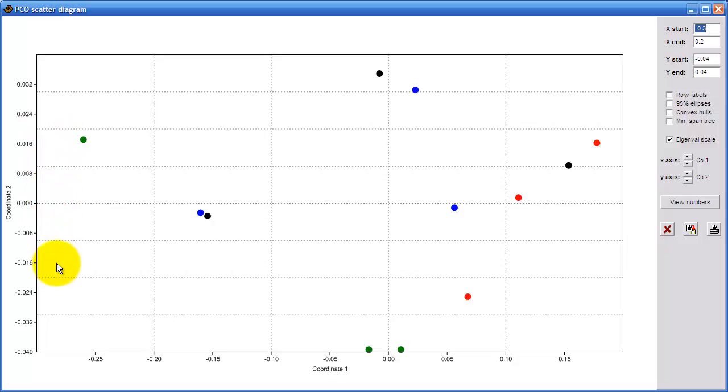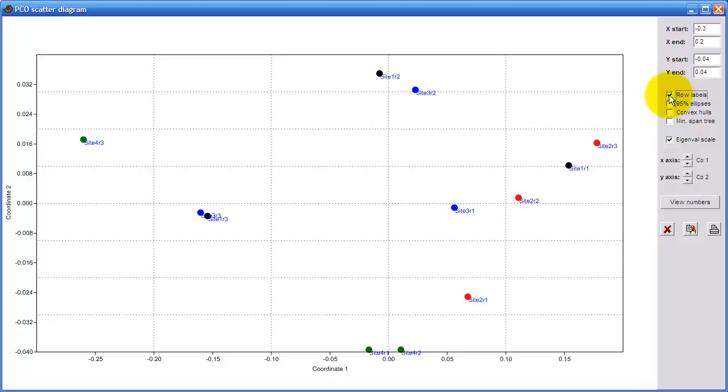So the y-axis variation is something like 1/10, 1/15 of the x-axis, and that goes back to the 90% of the variation that is captured by axis 1 or coordinate 1 and the 3% that's captured by coordinate 2.